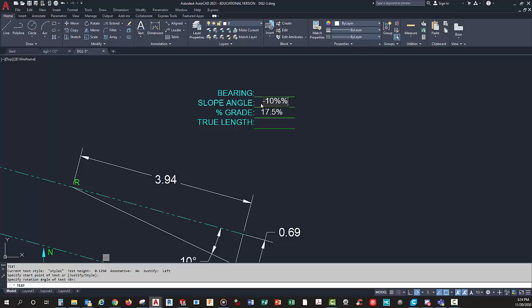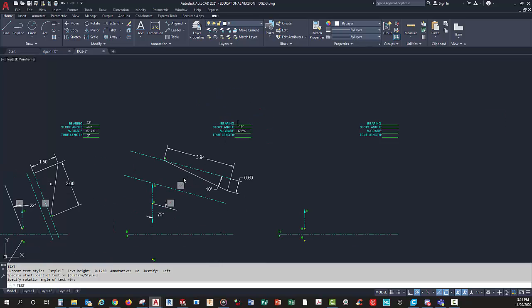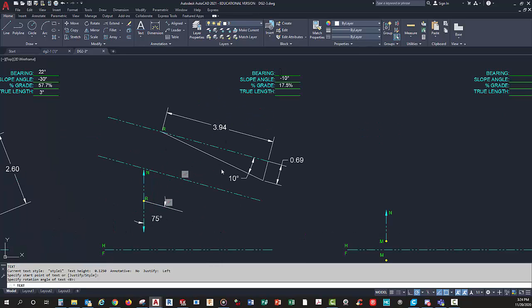Remember, it's percent, D as in dog. Bearing. What was our bearing? Our bearing was 75 degrees. So actually, it's south, 75 degrees D, east. Oops. East. So that's actually our bearing.